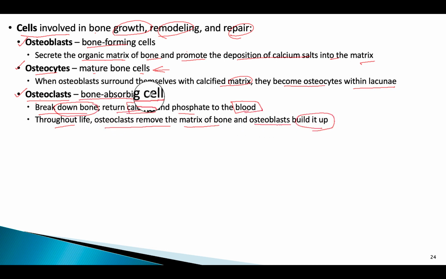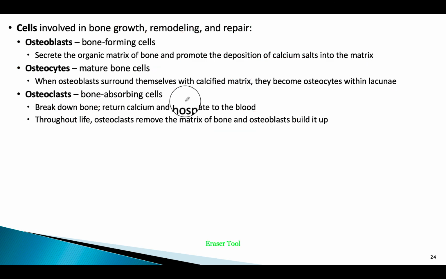Another term that I like to use between the osteoblast and osteoclast is that your osteoclasts are the bone destroying cells. And this one over here, I like to refer to them as your bone building cells.